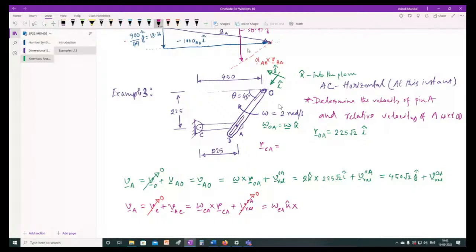Okay, so here in the previous equation, this V relative OA can be written as, what is the direction? Do you know the direction of this V relative OA? Sir, it is I cap. And let us call this some x dot, some value, and it is in the I cap direction.